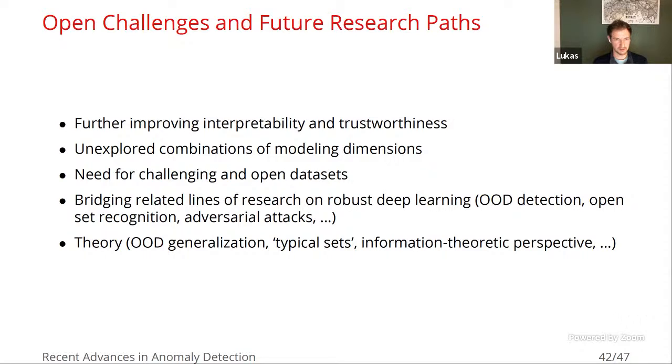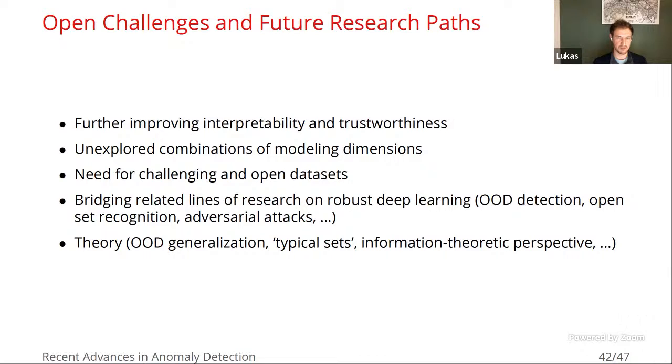Another thing is that anomaly detection is also related to other lines of research in robust deep learning in general. So for instance, out of distribution detection, where the focus still is more on classification, but having a classifier that detects when some new sample deviates, while classifying the known classes accurately.